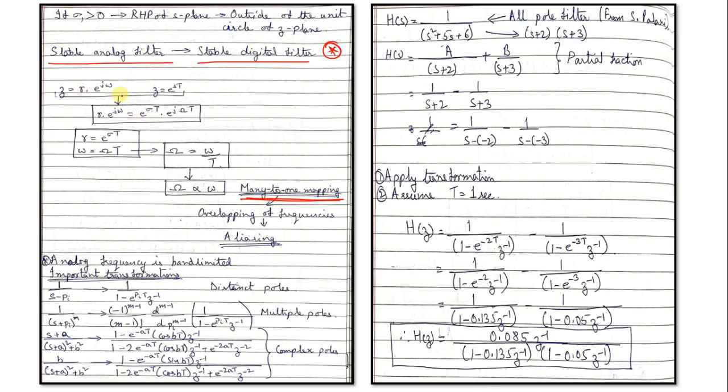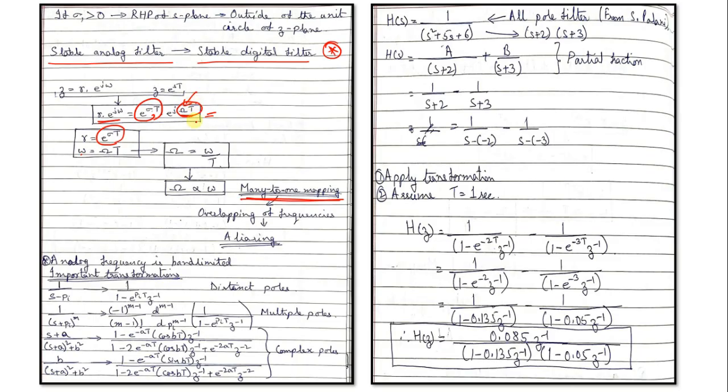So Z is equal to R into e to the power j omega. We have seen this from the previous slide. Also, Z is equal to e to the power st. So R into e to the power j omega is equal to e to the power sigma t plus j omega t. Right? Now R is equal to e to the power sigma t, and omega is equal to this omega t, where this omega is the analog frequency.